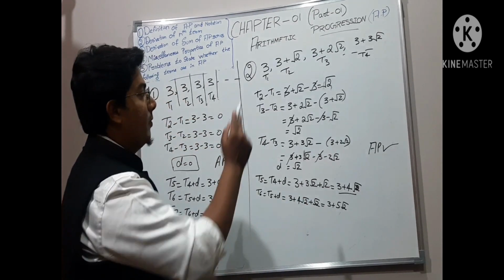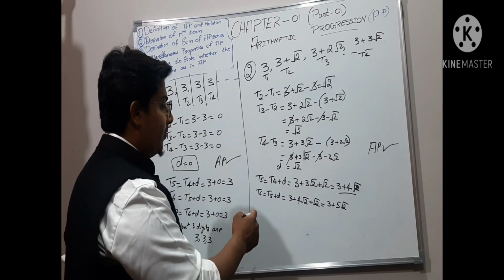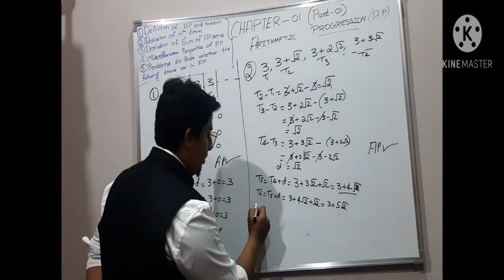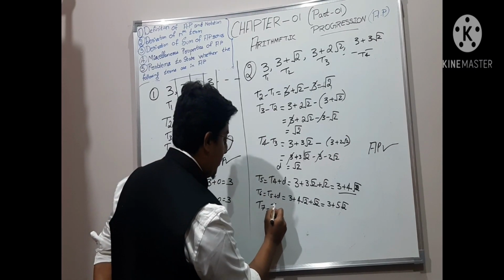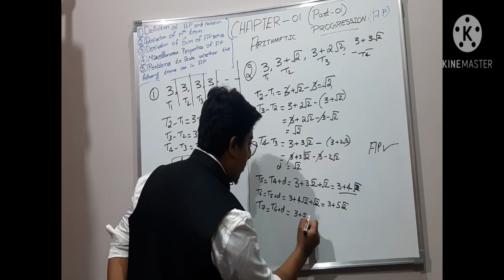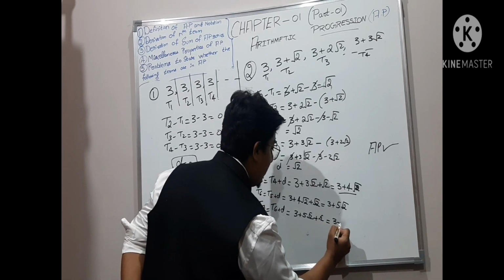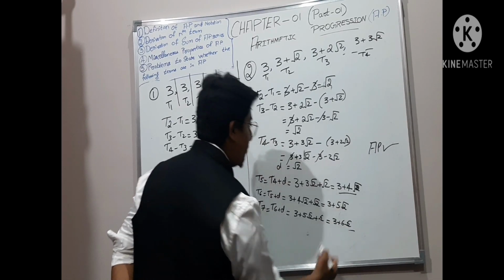So the fourth term is 3 plus 3 root 2, the fifth term is 3 plus 4 root 2, the sixth term is 3 plus 5 root 2. Similarly, T7 is T6 plus D, which is 3 plus 5 root 2 plus root 2, giving 3 plus 6 root 2.